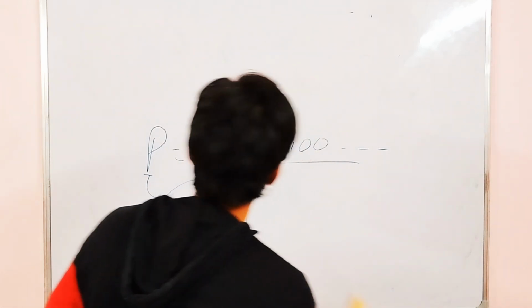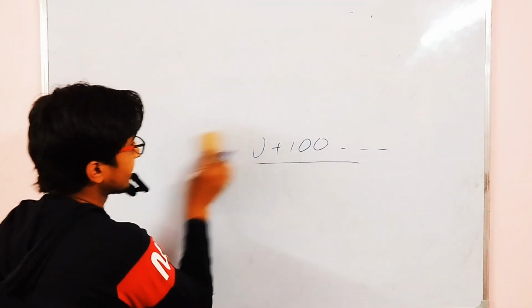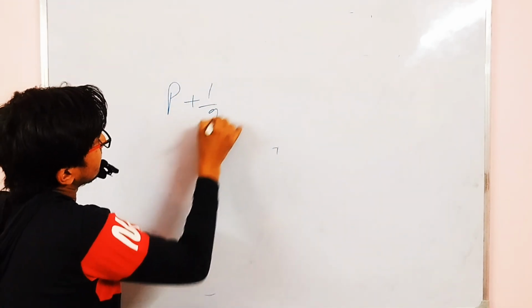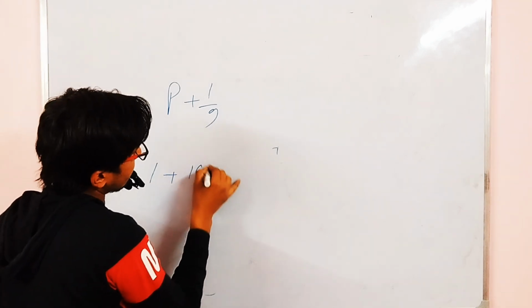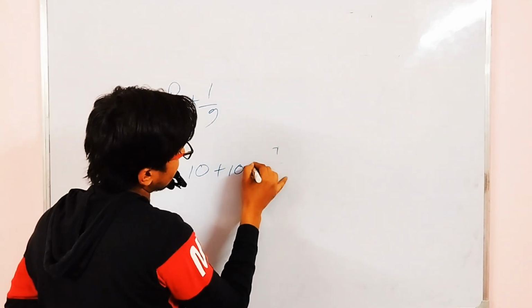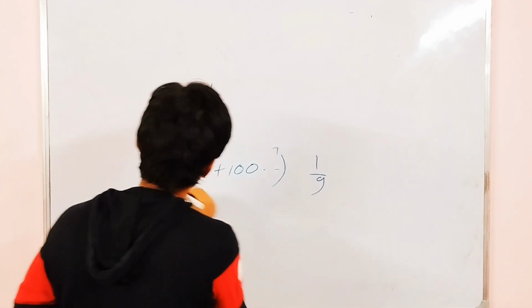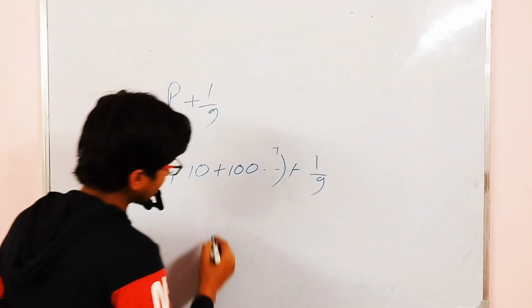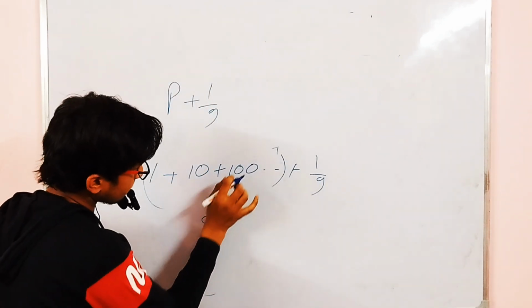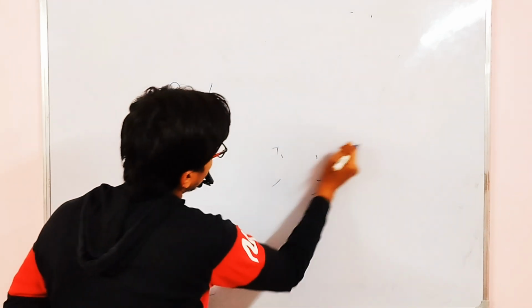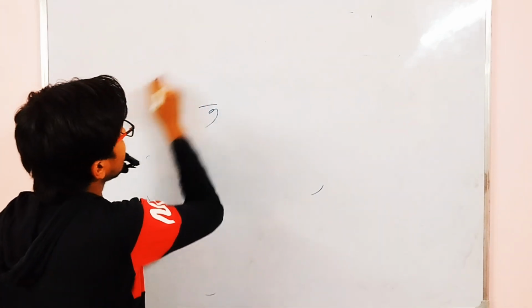So what will happen, my friends? If I add 1 upon 9 to this series, 1 plus 10 plus 100 and so on, what does the series become? First of all, we have to understand what we generally write.